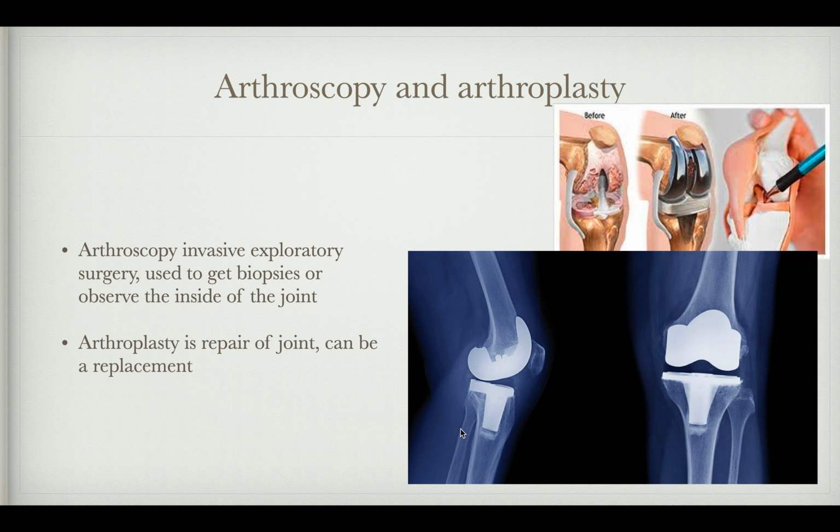This is a total knee replacement, as you can see here. All of this has been replaced, all of the femur, and here, see how the replacement has even replaced the disc right here too.